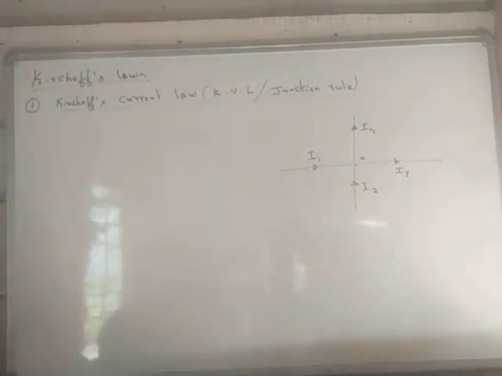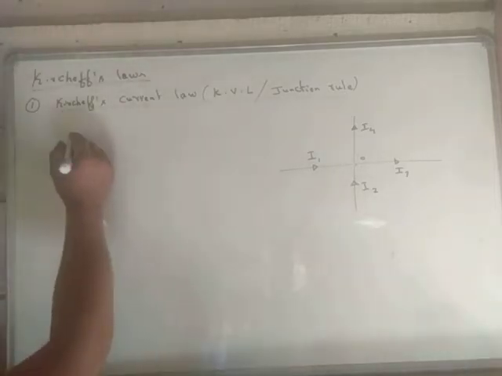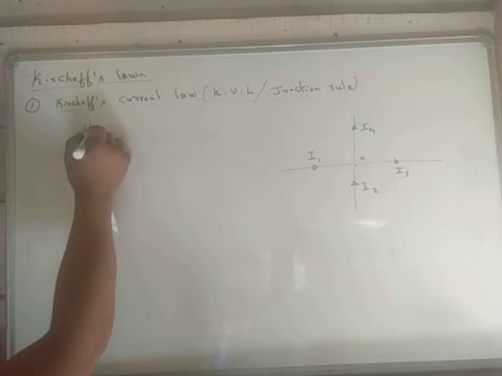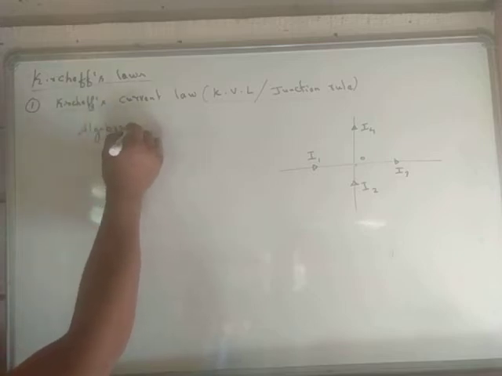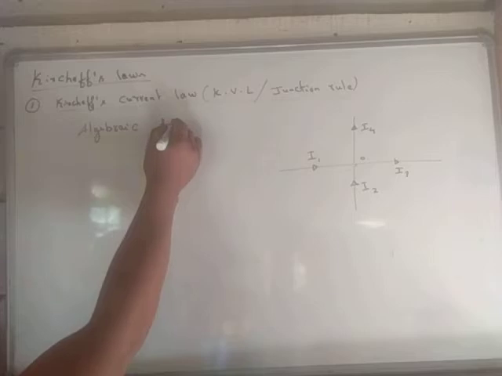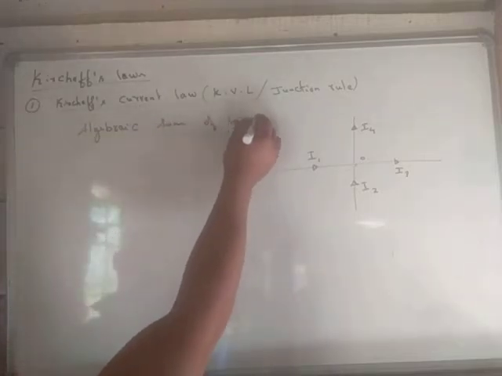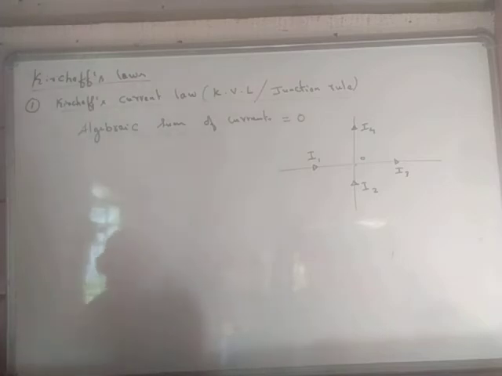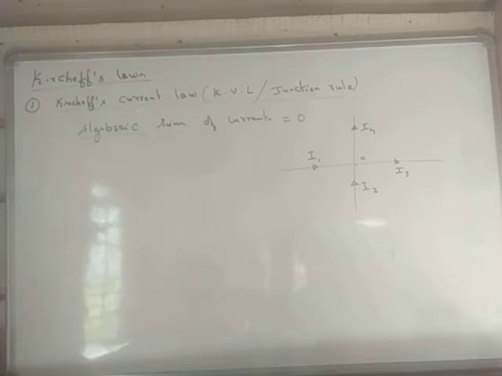So what happened is, if you write the mathematical equation of this Kirchhoff's law, because this law says that the algebraic sum of current meeting at a point is equal to 0. So therefore, this word algebraic here is very important, because here we have to consider the sign convention, like plus and minus.